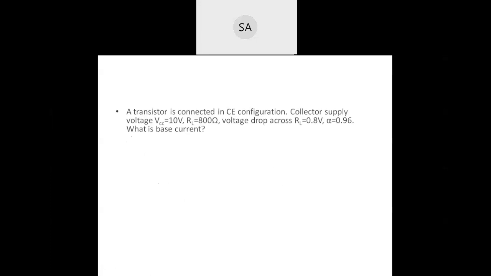And the next question is, a transistor is connected in common emitter configuration. Collector supply voltage VCC is equal to 10 volts and RL is equal to 100 ohms. Voltage drop across RL is equal to 0.8 volts and alpha is equal to 0.96. So what is the base current? You have to find out the input current, the base current.